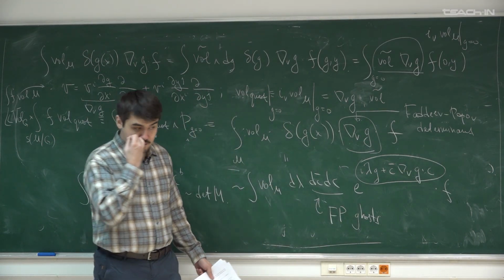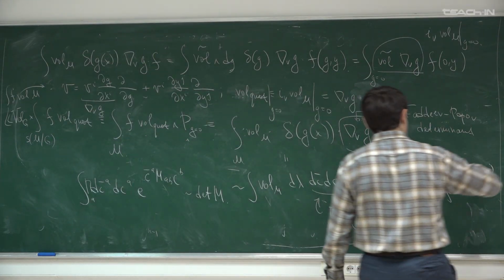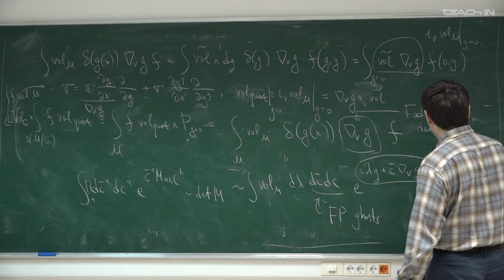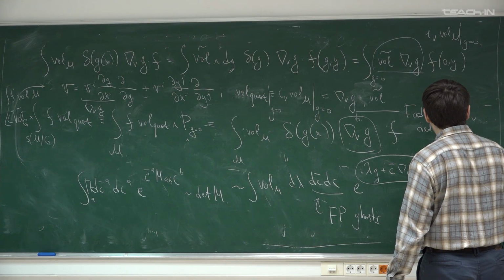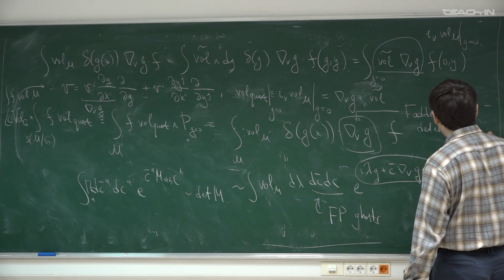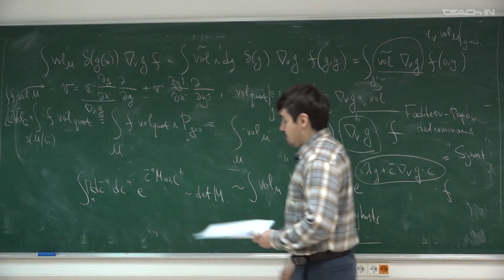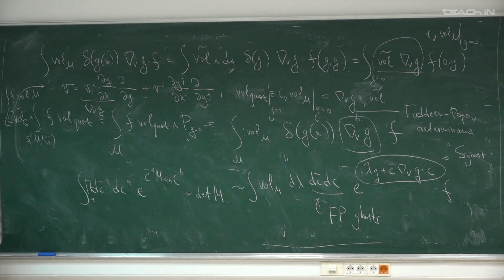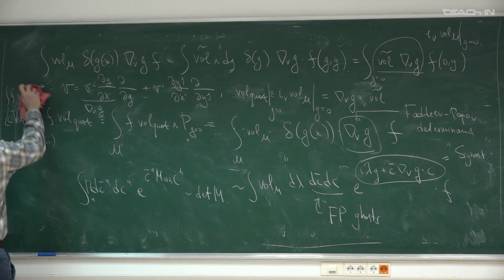So this is the rudimentary example of a ghost action. And it's useful to study the main properties of that action. So what are the main properties of that action?